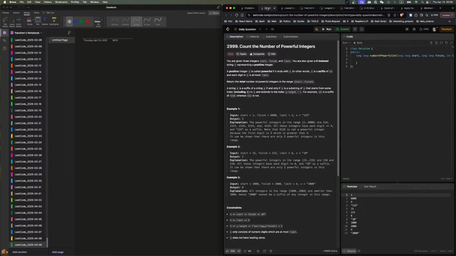s only consists of numeric digits which are at most limit. s does not have leading zeros. Okay, so we have 124 as a suffix, and your limit is 4, which means that in each position you can pick 1, 2, 4.